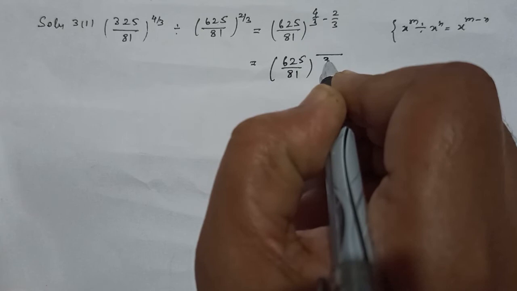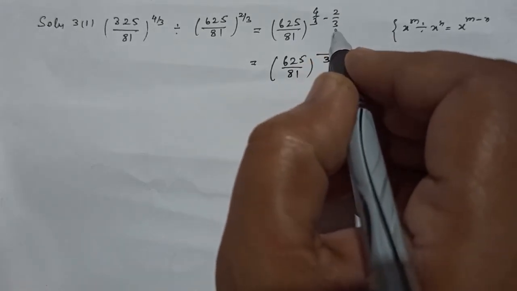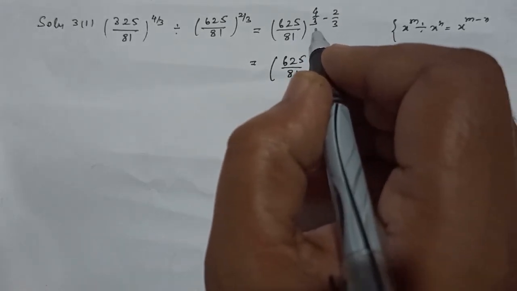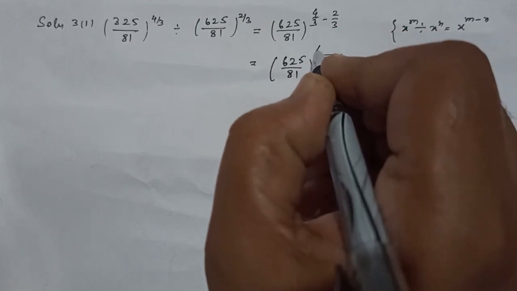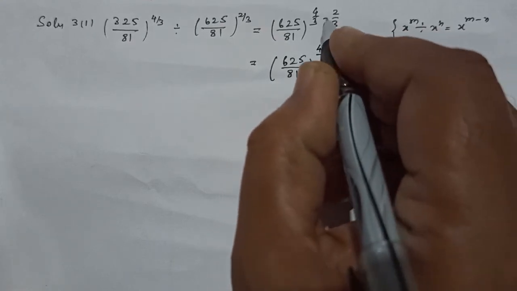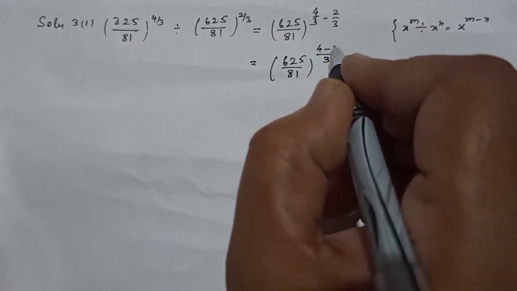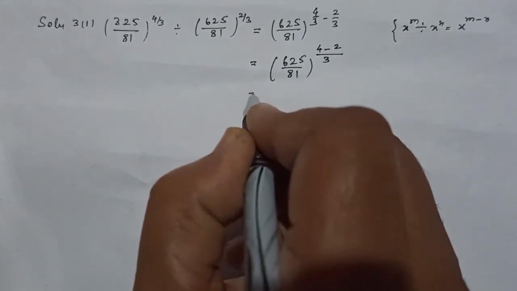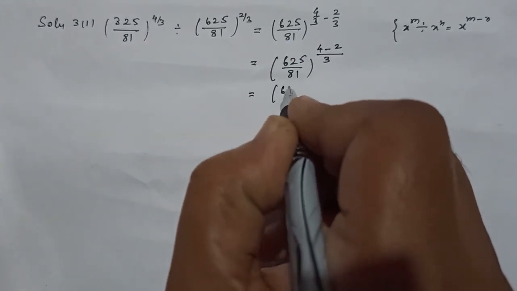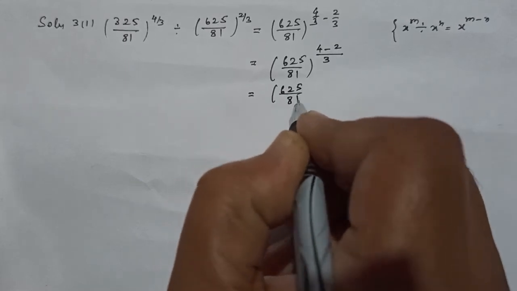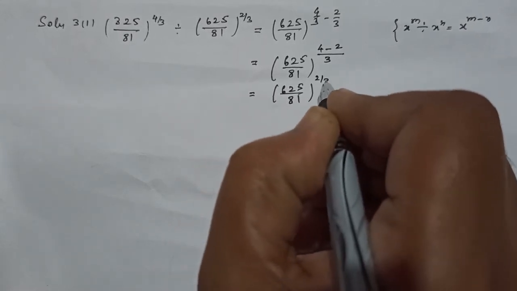Base same, denominator same, so write one time and write as it is numerator. 625 upon 81 whole to the power 2 by 3.